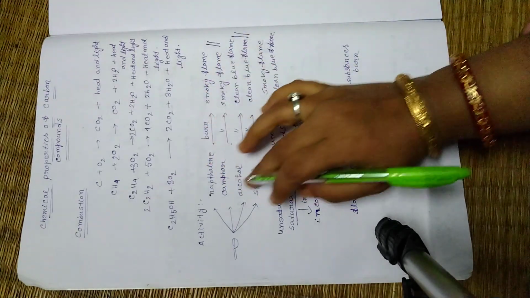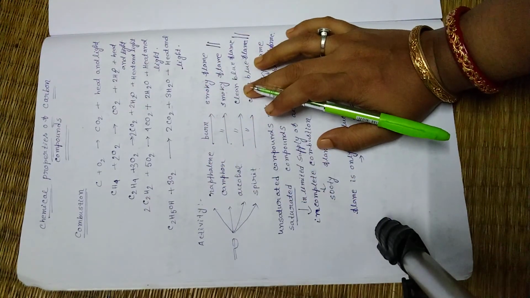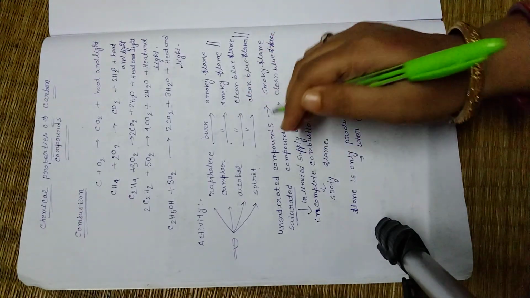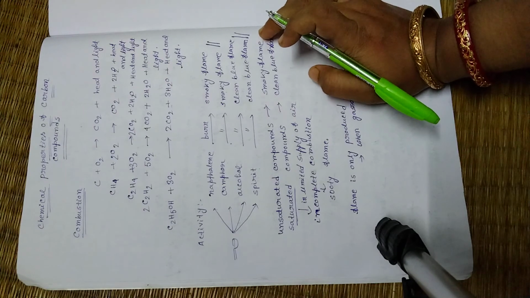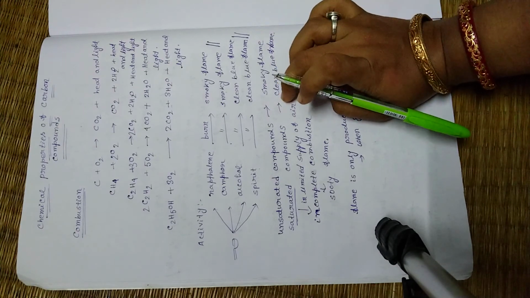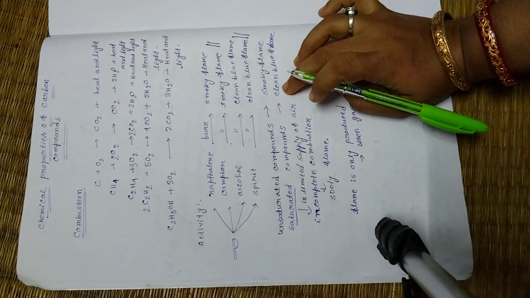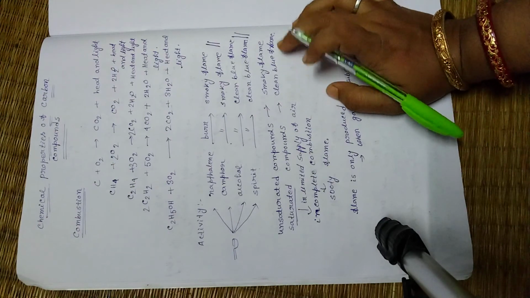Okay, so from this activity, we can understand that in case of unsaturated compounds, we can see a smoky flame, and in case of saturated compounds, we can see generally a clean blue flame.